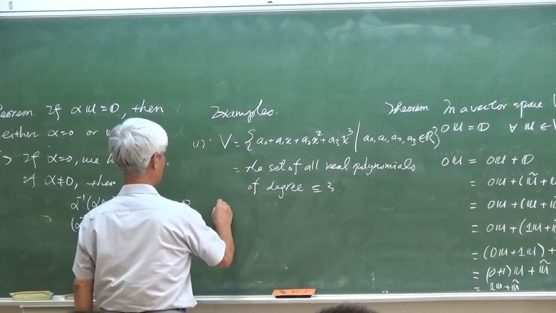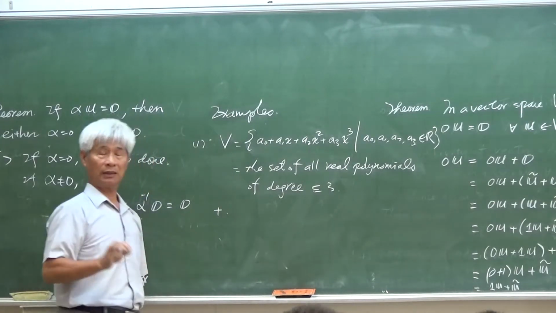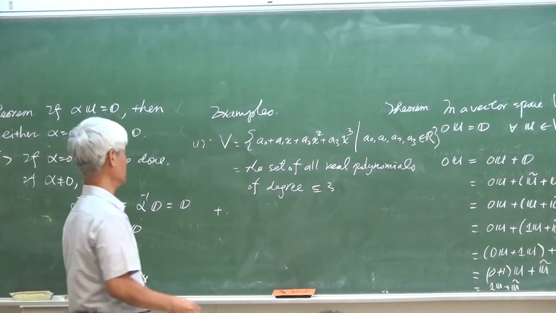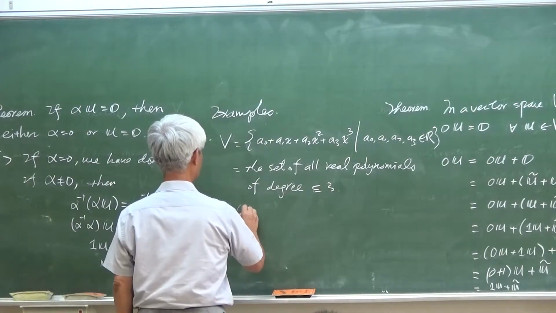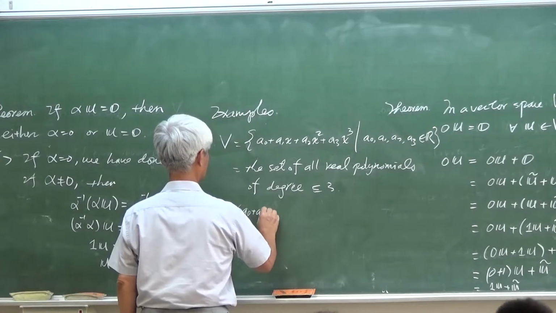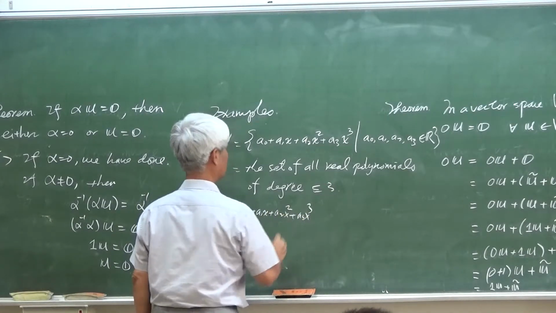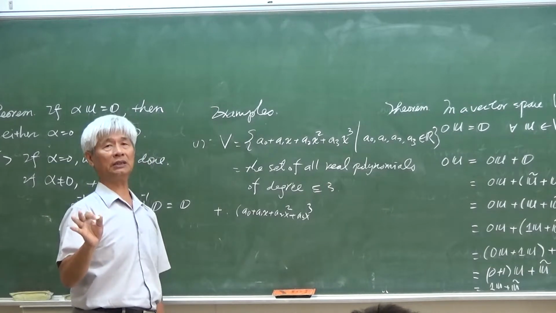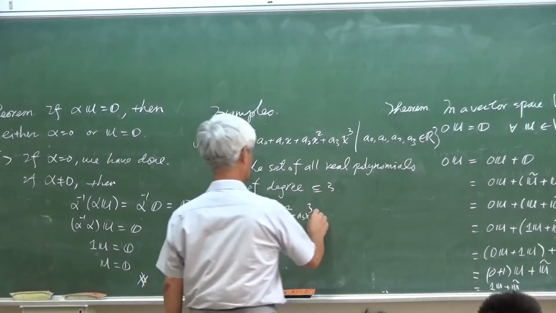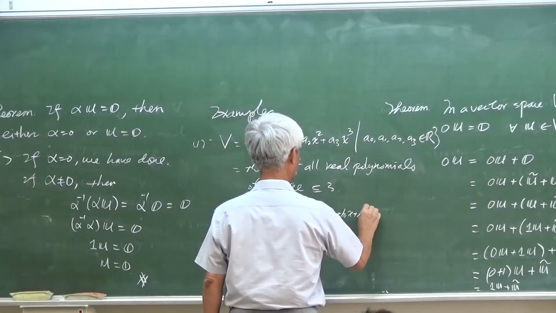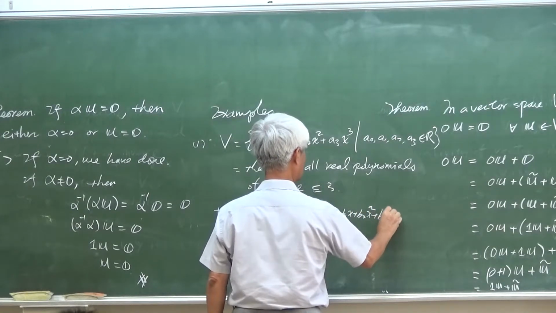So we have a set, and we have to define vector addition. How do we define it? Well, we do the traditional addition of two polynomials, but you can write it directly.